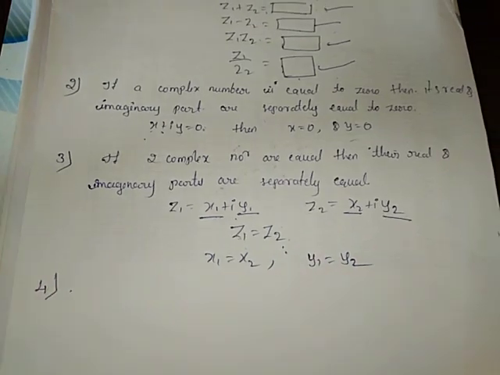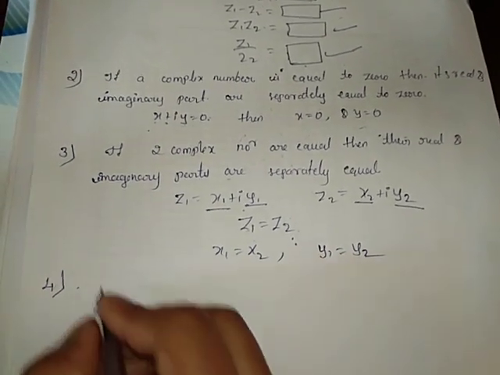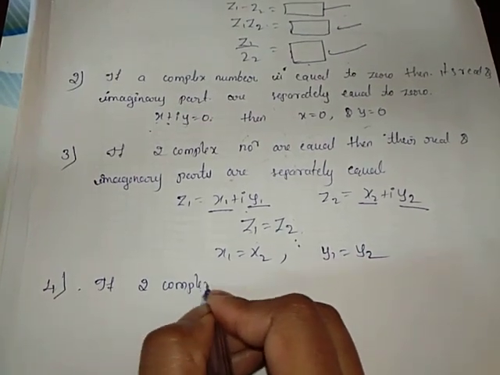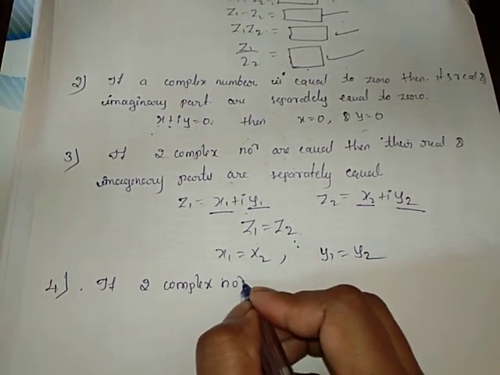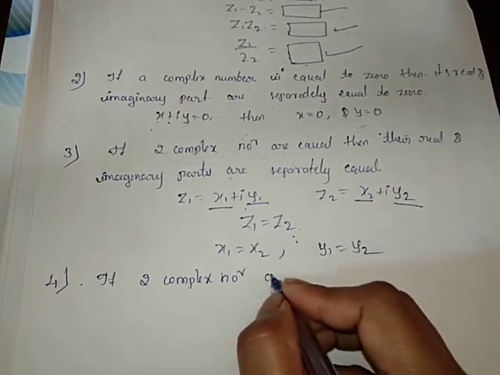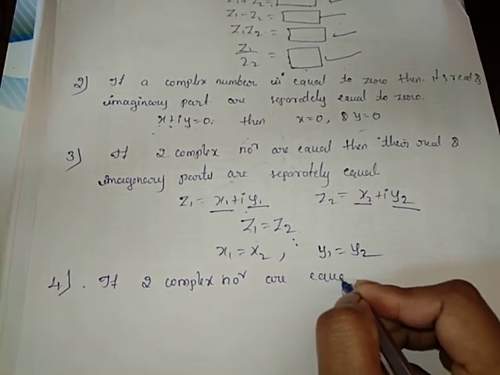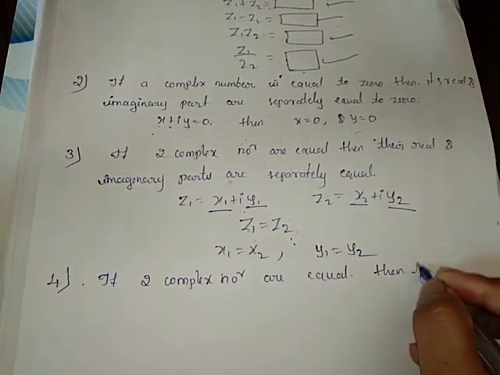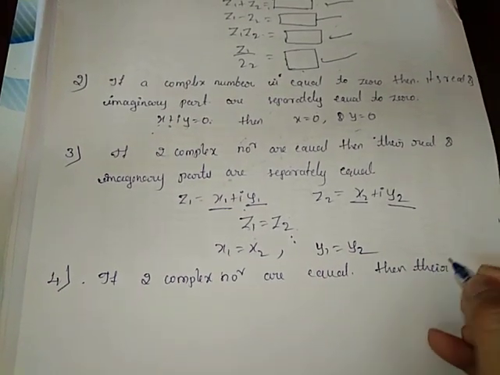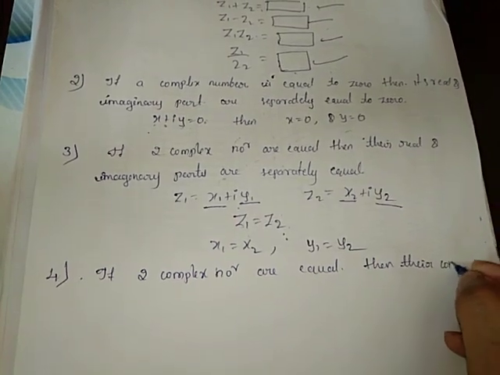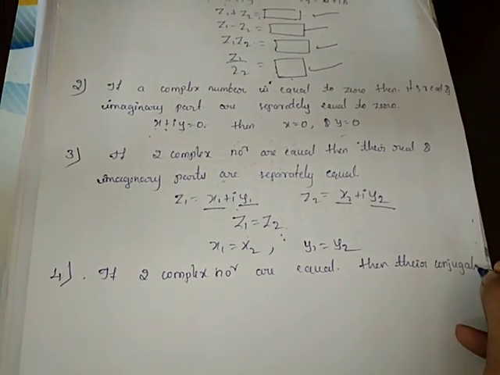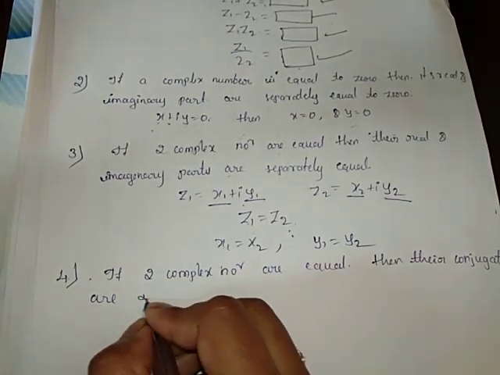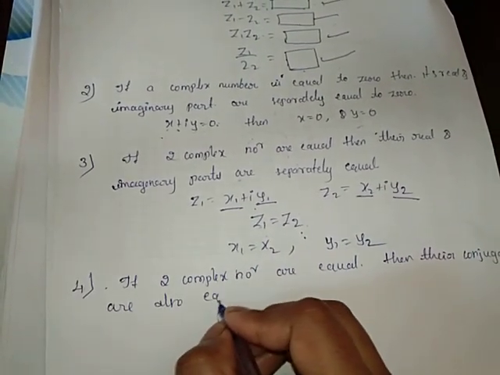Fourth property: if two complex numbers are equal, then their conjugates are also equal.